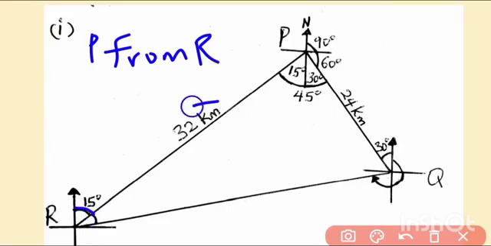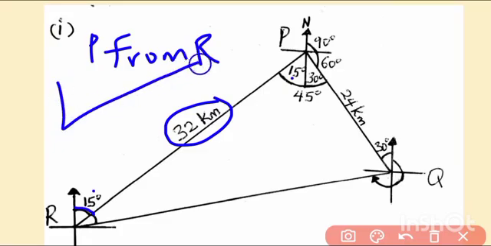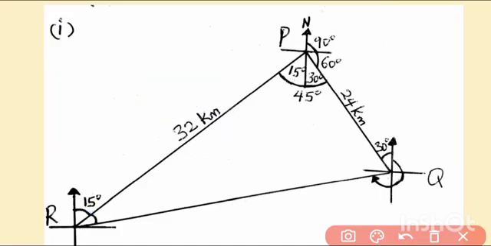And PR according to the question is 32 kilometers. So this place is 15 degrees, and that makes this place equal to 15 degrees, because they are alternate angles. They are always equal. That is why this place is equal to this place, and they are equal to 15. Summing this and this together, we have 45. The whole of this angle equals 45 degrees.